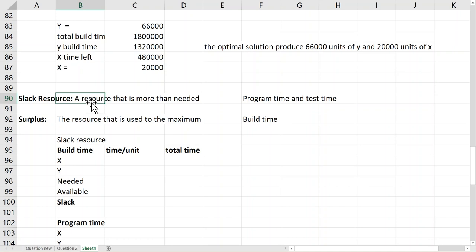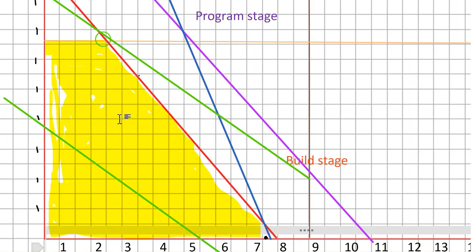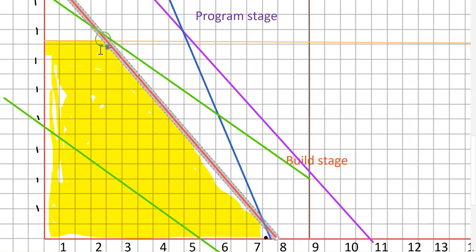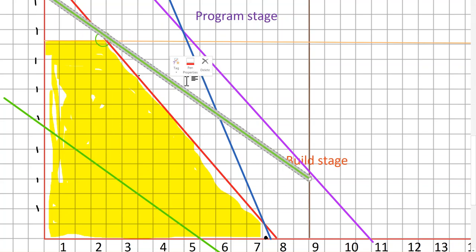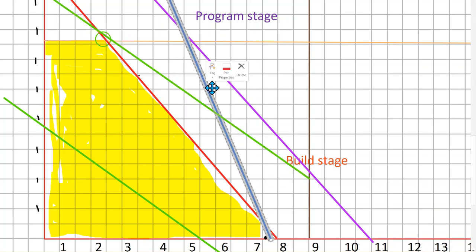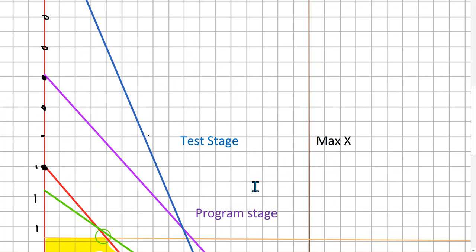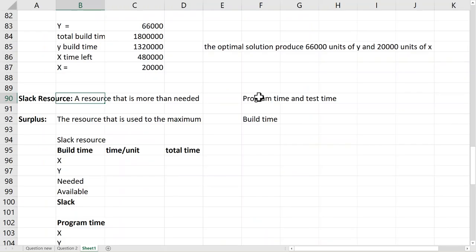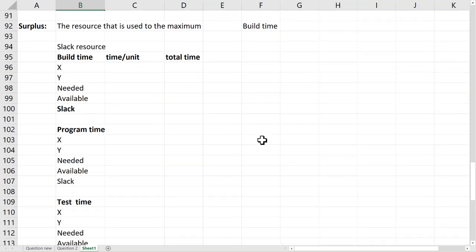In this example, the only resource that is maximum utilized is the build stage because it is on the optimal point. The other two resources, the test time and program time, are slack resources. If they ask you how much is slack, you can calculate it.